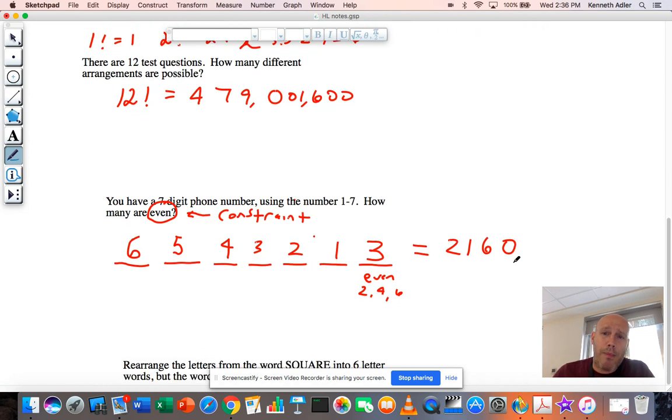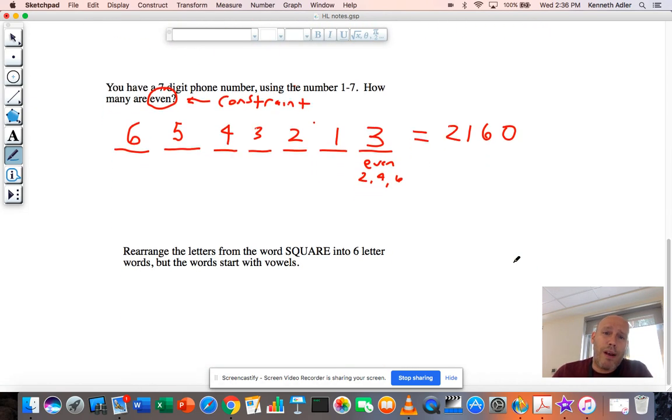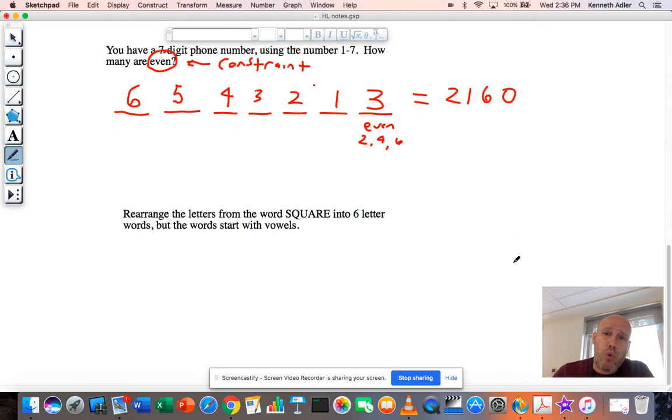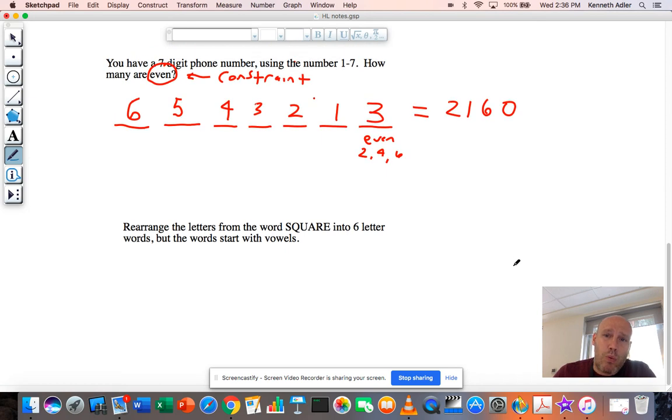Okay, one last problem with a constraint. Rearrange the letters from the word SQUARE into 6-letter words, but the words start with vowels. So once again, I'm going to do the 6 spaces. And what is my constraint?